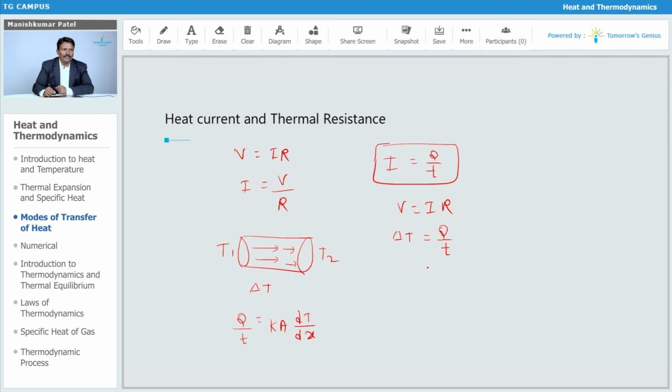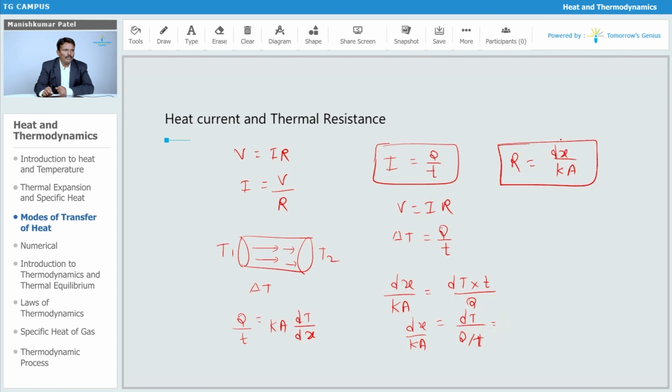So we can take it to one side: V upon I. I can write this as dx upon K A, which is nothing but dT multiplied by t upon Q. So this dT upon Q by t is equivalent to voltage upon current. So the resistance will be dx upon K A, and this dx upon K A is equivalent to the thermal resistance.